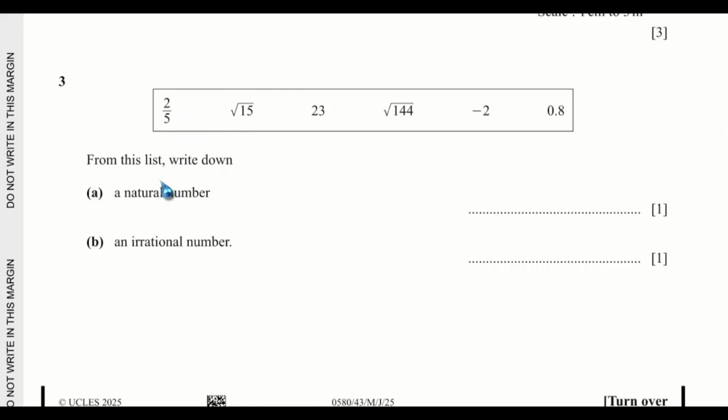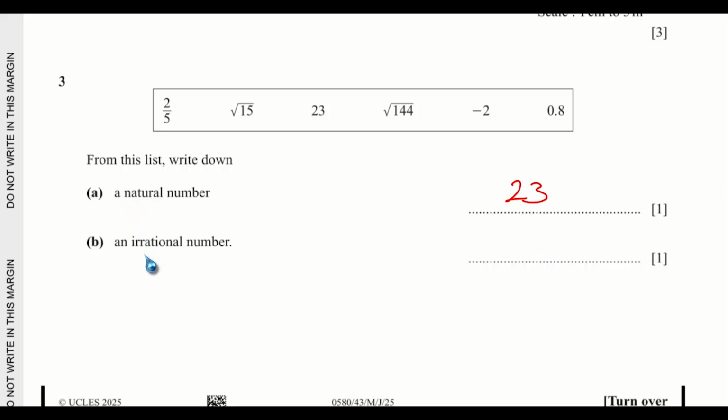So if you look at this here, question 3. From this list, write down a natural number. A natural number is a counting number. So 23 is an option. You could as well write square root of 144 because square root of 144 is equal to 12. So you can write square root of 144 as a natural number.